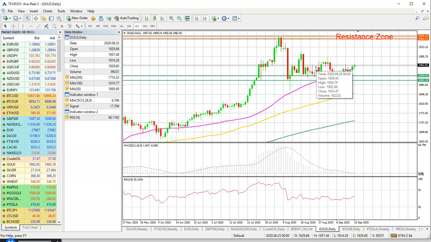The moment the price breaks below that moving average, you go short, meaning you close your long position and open your short position. Over here, what we're seeing is a constant battle between up and down, up and down, up and down. That is what we have seen for the last few days on a daily time frame.